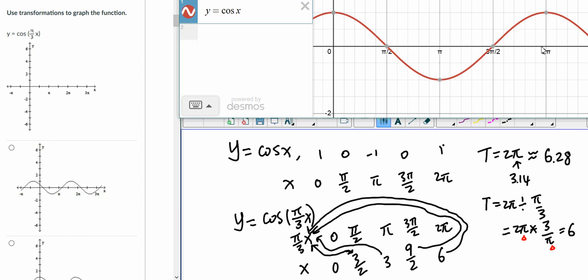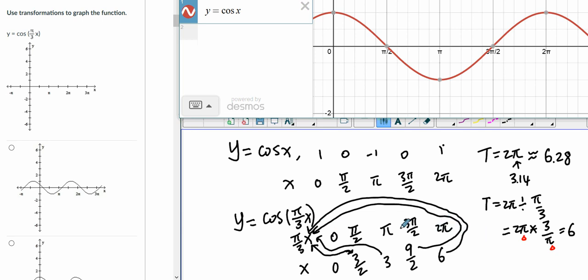So that means when x is 6, you put 6 into pi over 3 times x, replace x with 6, you do get 2 pi.